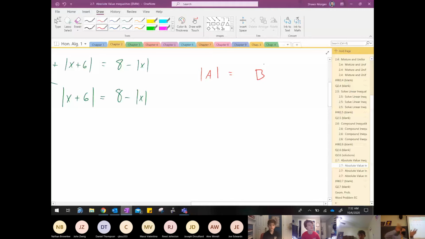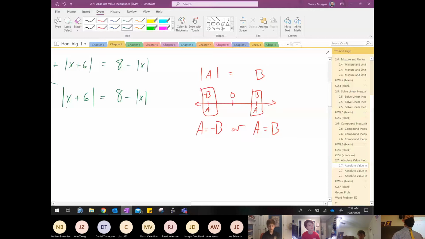All right, now that's dealing generally, okay? If I want to come back over here in green and deal specifically, what's my A? I'm saying, all right, absolute value of x plus 6 means that x plus 6 lives this far away from 0. So that's either 8 minus absolute value of x or the opposite of 8 minus absolute value of x.